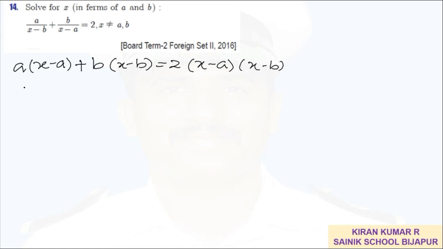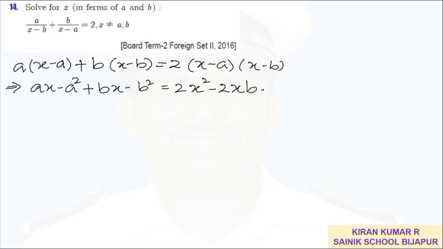Let's further simplify. We get ax minus a square plus bx minus b square equal to 2 times x square minus 2 times bx minus 2 times ax plus 2 times ab.